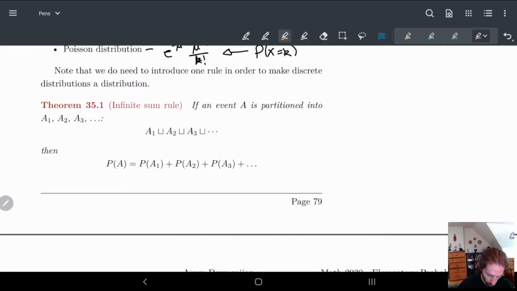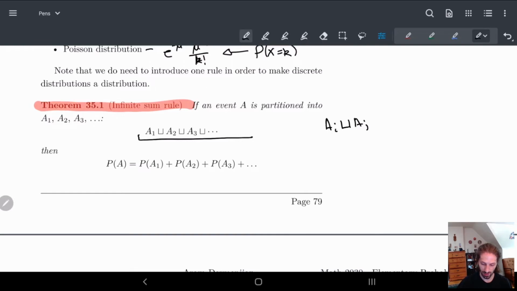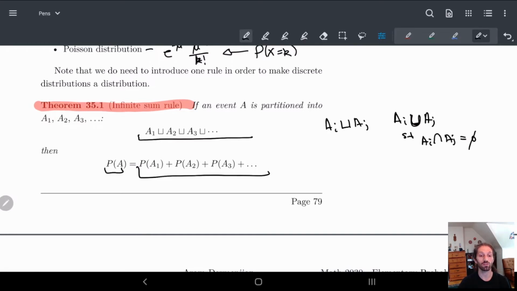The infinite sum rule says that if an event A can be partitioned into events A_i and A_j that are pairwise disjoint, so there's nothing between them, and A is the union of them, then we can just let P of A be the sum of all of these things.